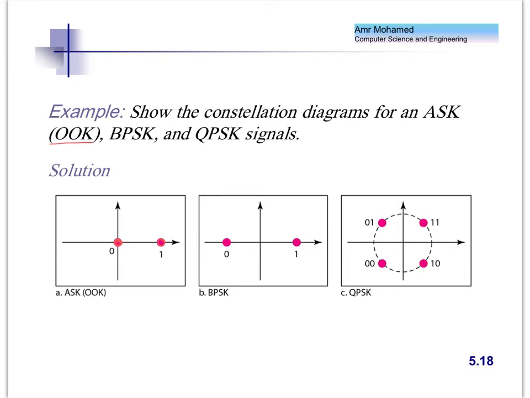So it doesn't play with the phase at all, right? Which means that ASK tends to have dots in the x-axis of the IQ diagram, always. So all the ASK tends to have dots in the x-axis, which means that we have a sine wave with different amplitude, but all of them have the phase shift of 0. So all of them are represented in the I-axis or the x-axis.